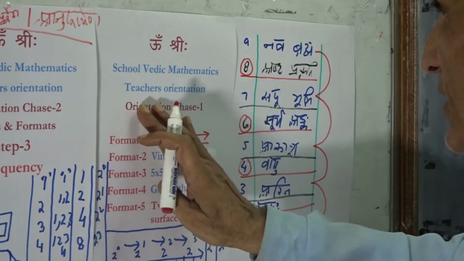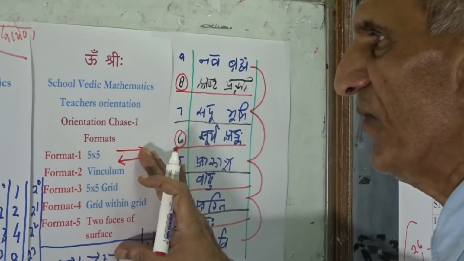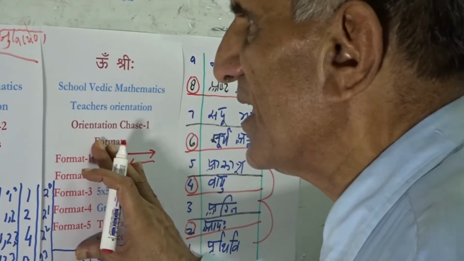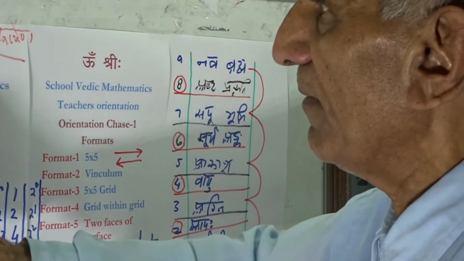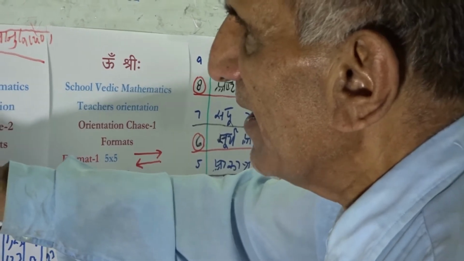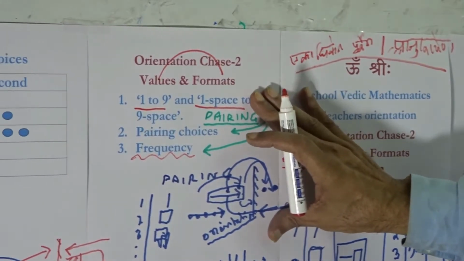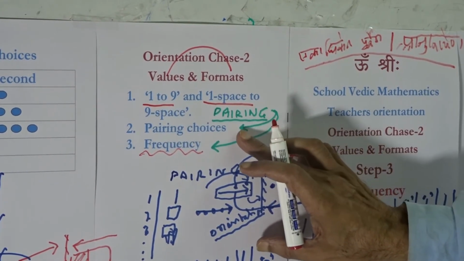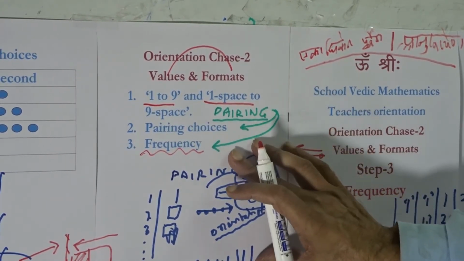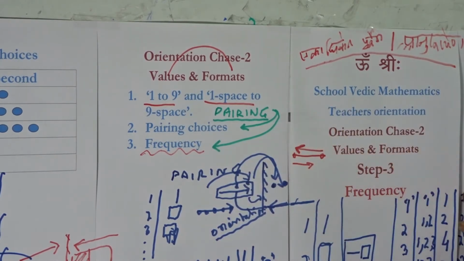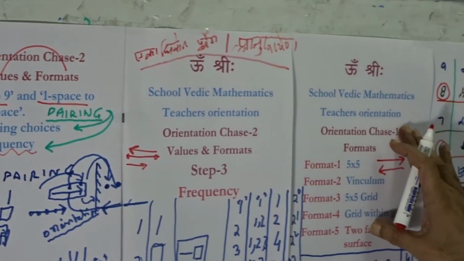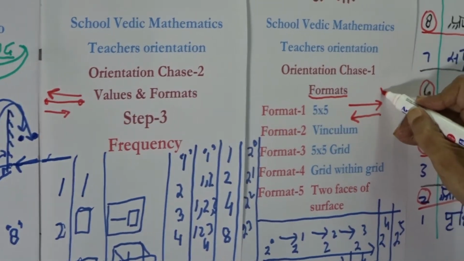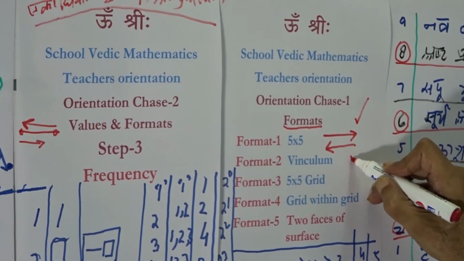The first orientation chase steps are to be revisited, and we will revisit this mental progression of pairing to pairing choices to pairing frequencies in the light of the orientation chase steps of formats, when we reached counting and reverse counting.